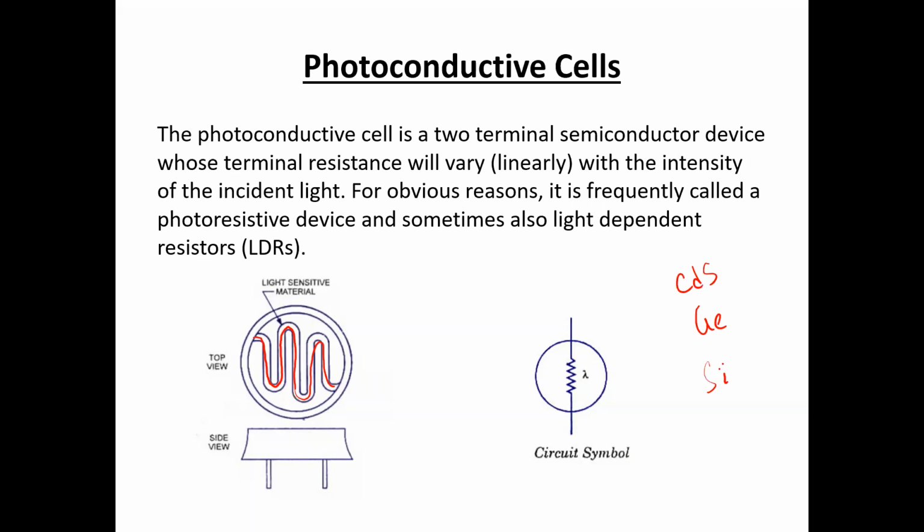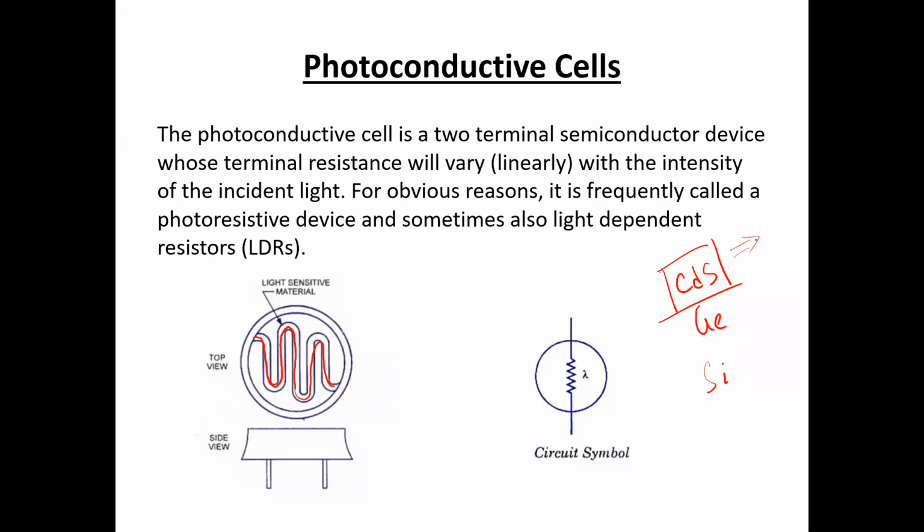Using these semiconductor materials, LDRs can be easily fabricated. And among these three, cadmium sulfide is most commonly used because the spectral response that can be obtained when cadmium sulfide is used is almost similar to the spectral response of the human eye.